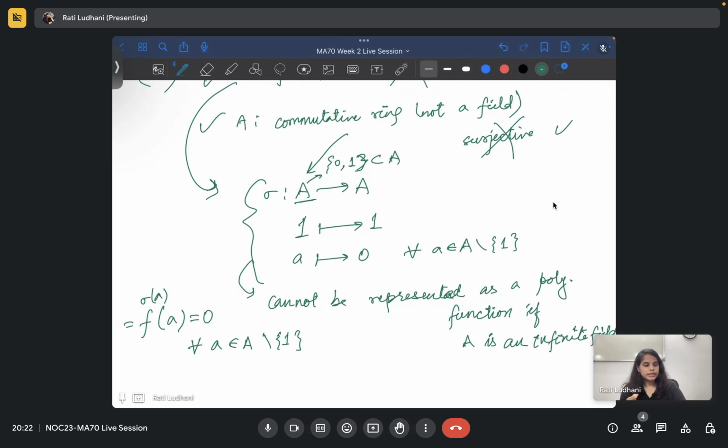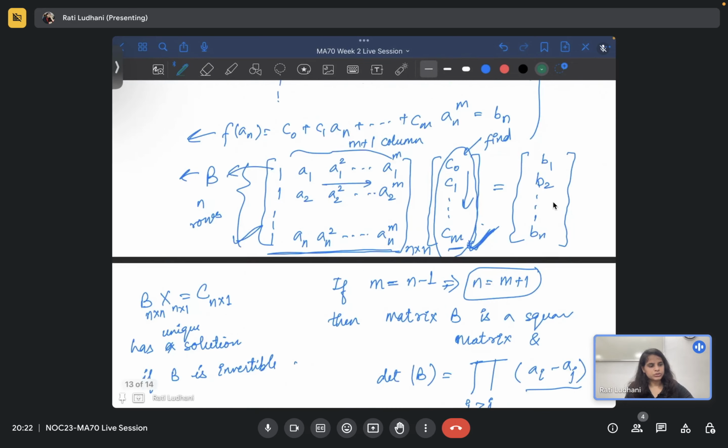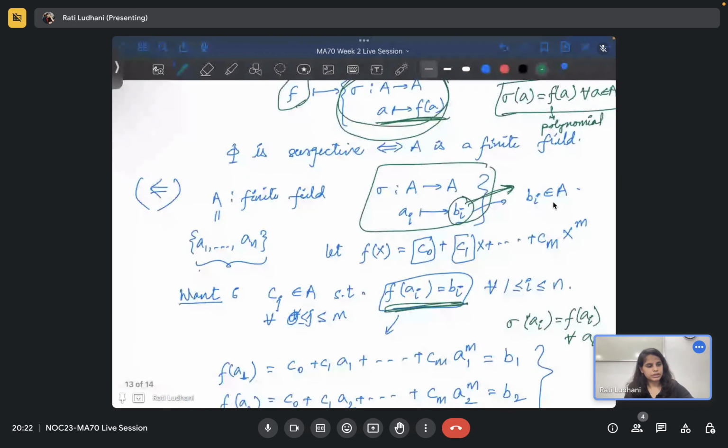Now you know that A is an infinite field, and you have just seen the identity theorem. If f of a is equal to 0 for infinitely many elements, then f has to be the zero polynomial. Now you can use the theorem that f can have only finitely many roots, because you are just in one variable, one x. f belongs to A[x].